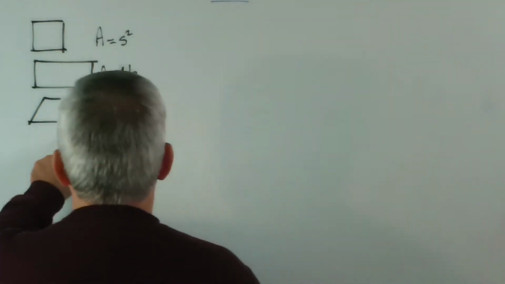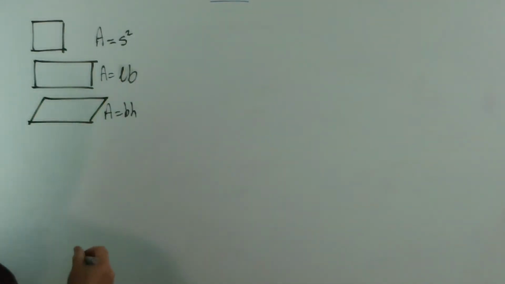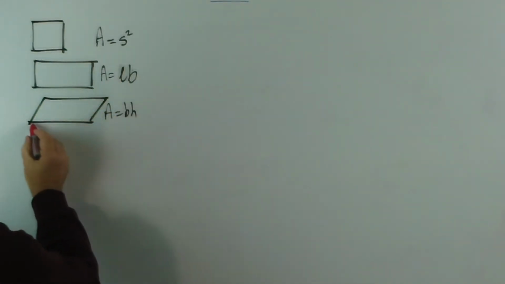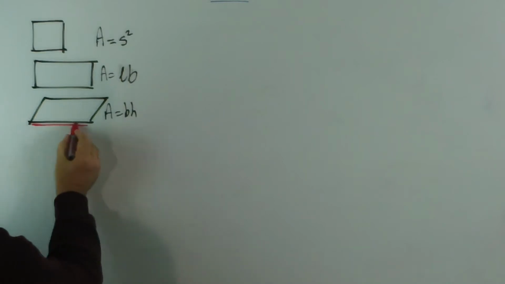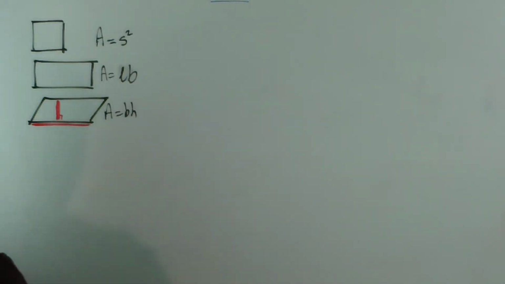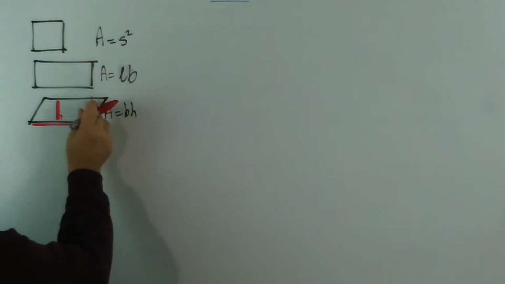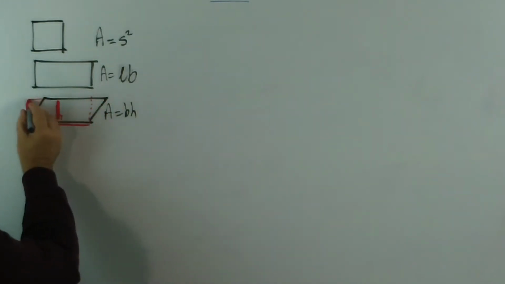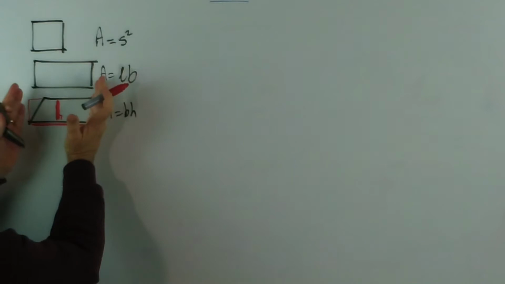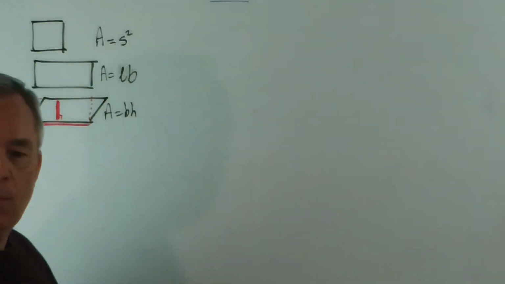The reason the same formula is used for the parallelogram is that if this length here is the base of the parallelogram and this perpendicular height is the height of it, then removing the triangle from this end and taking it to this end converts it into a rectangle of the same base and the same height, or the same length and breadth.